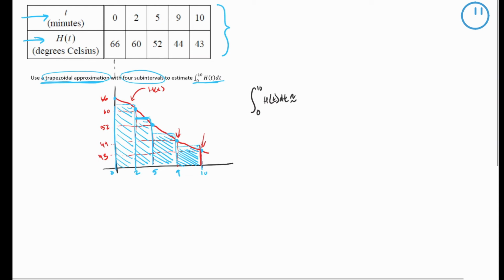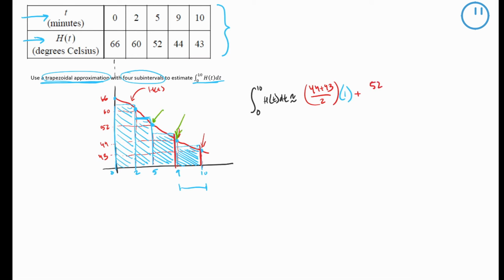In other words, this would be (44 + 43)/2 times the step size from 9 to 10, which is 1, plus the height of this rectangle, which is the average between these 2 points, (52 + 44)/2, times the step size from 5 to 9, which is 4.